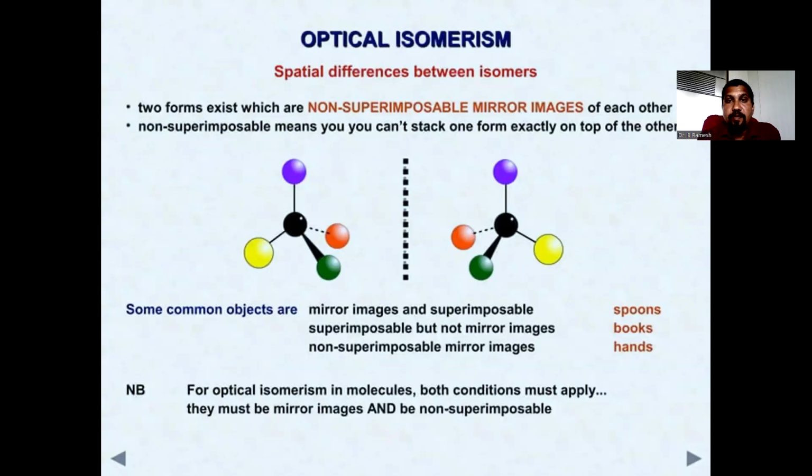Now we studied optical isomerism, meaning non-superimposable mirror images. If we show any structure opposite to its image in a mirror, we call it a non-superimposable mirror image.